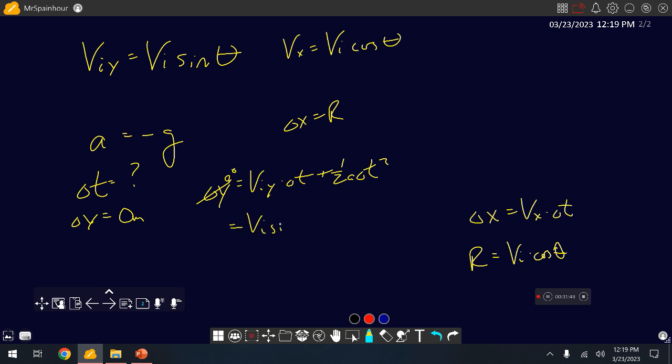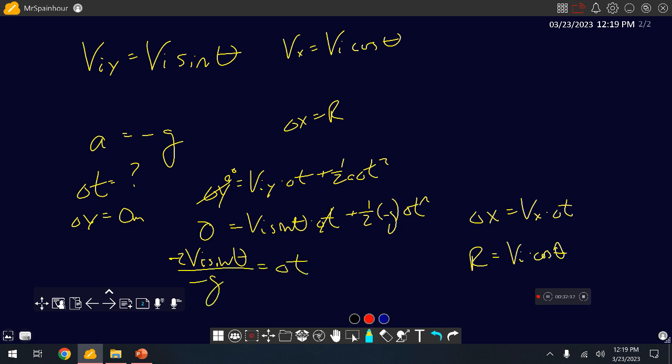This would be vi sine of theta times delta t plus 1/2 times negative g times delta t squared. Since this is 0, though, over here, I can divide everything by delta t. And then I can move vi over here, which would be negative vi sine of theta, multiply 2 on both sides, divide by negative g, and you'll notice you end up with the exact same thing.